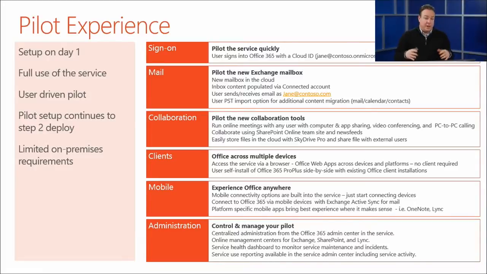With all of the products, your cloud IDs can be used and move through. We also, from a mail experience, have some specific features within Exchange and within Office 365 that allow you, as an IT pro, to enable connected accounts. And what that means is you haven't made any domain changes, you haven't made any infrastructure changes, but what you can enable is POP3 or IMAP from an Exchange server all the way back to 2003, and your end users utilizing Outlook Web Access on Office 365 have their inbox.